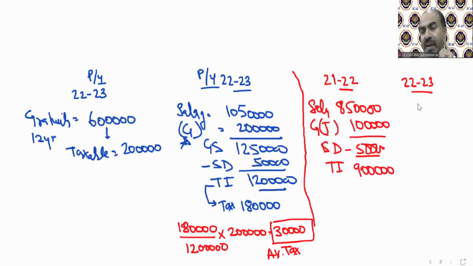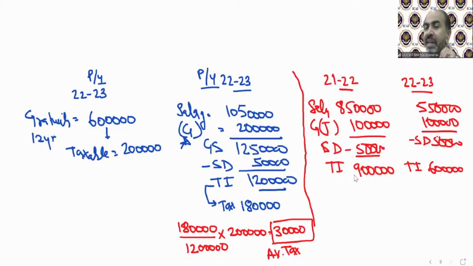For the other year, for example, salary is 5 lakh 50,000. Then 1 lakh gratuity, and after the standard deduction of 50,000, the total income is 6 lakh rupees. Because these are preceding previous years, we do not know the real slab rate provision, which might be different from this year.